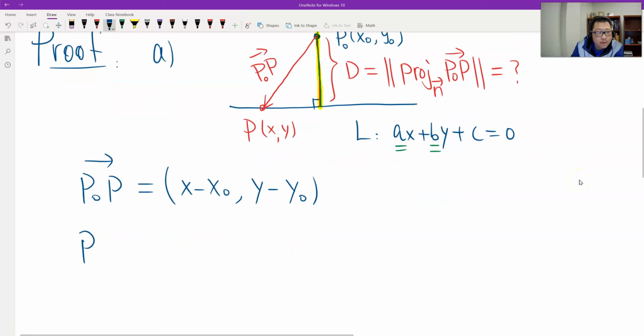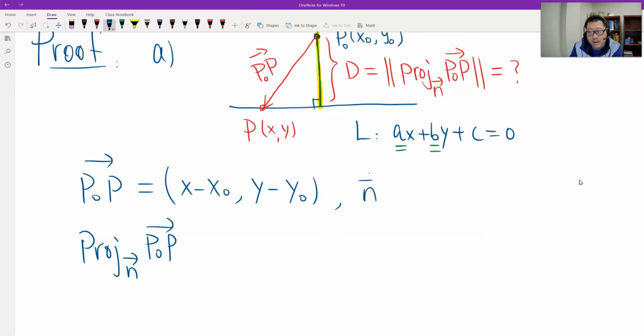The projection of P0P onto the normal direction, the normal n. I do have a formula, so remember the formula.